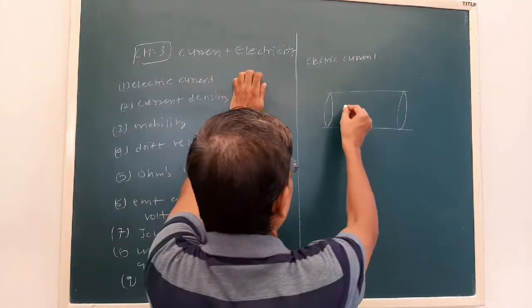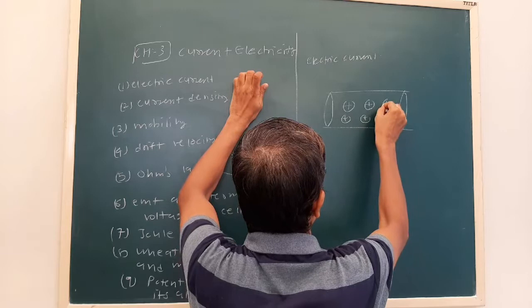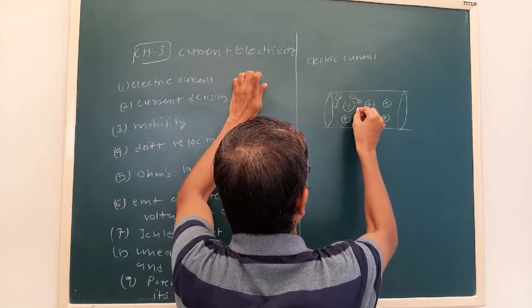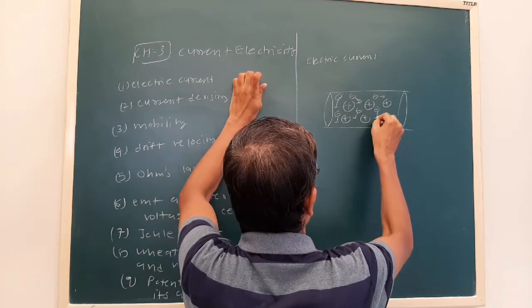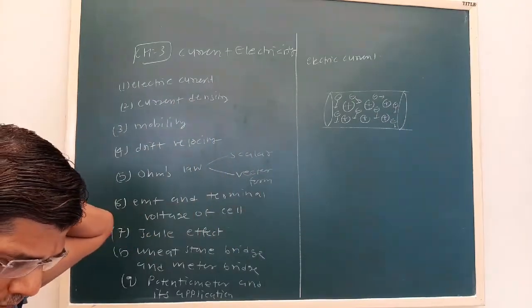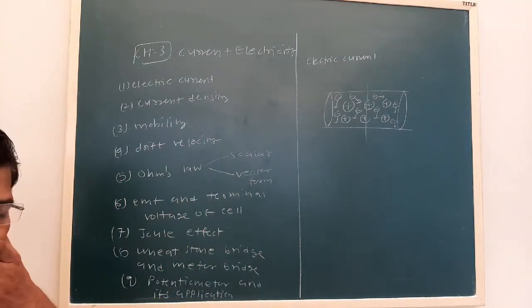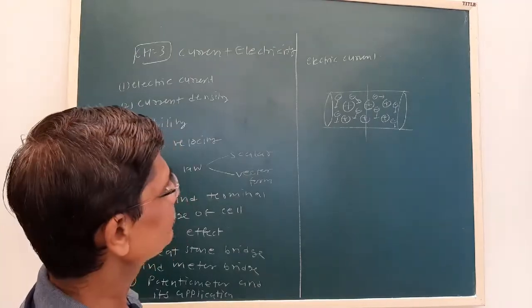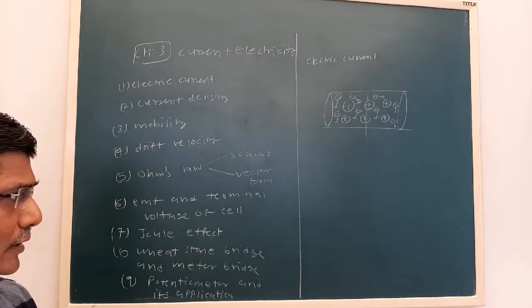The positive ions are in the fixed condition and electrons are moving randomly in the space between them. Now, if I consider the cross section of a conductor, there is no unidirectional flow of charges. So right now there is no current.